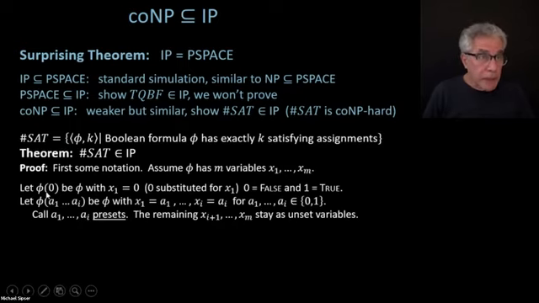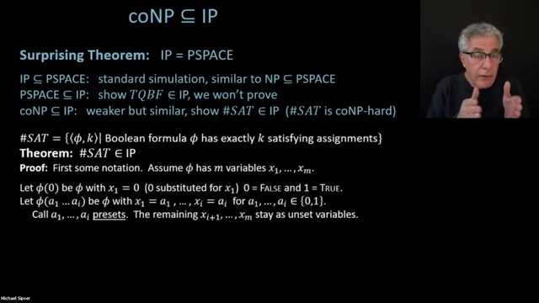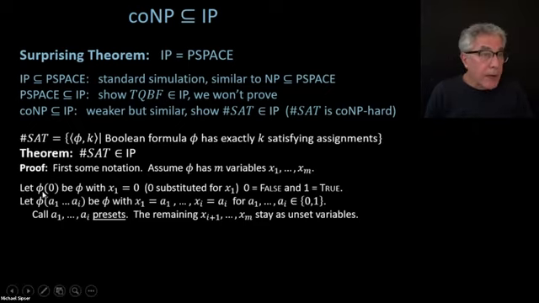So if you have some formula, what I'd like to do is preset some of the variables of that formula. That's going to be a formula on m variables, x1 to xm. And I'd like to preset the first i variables to zeros or ones as I wish. So I'm going to indicate that by phi with 0, which means I'm setting x1 to 0 and the rest of the variables remain variables.